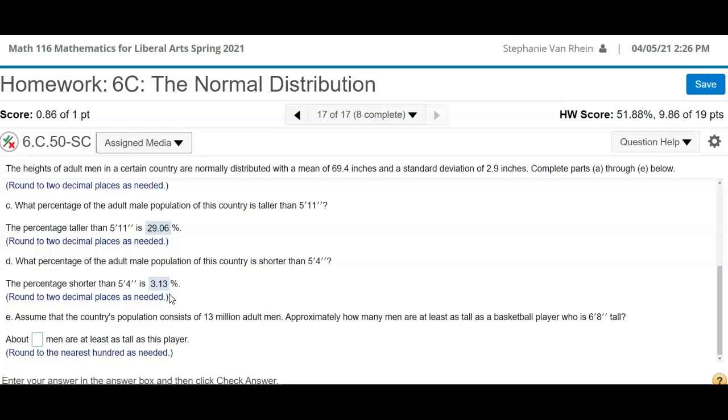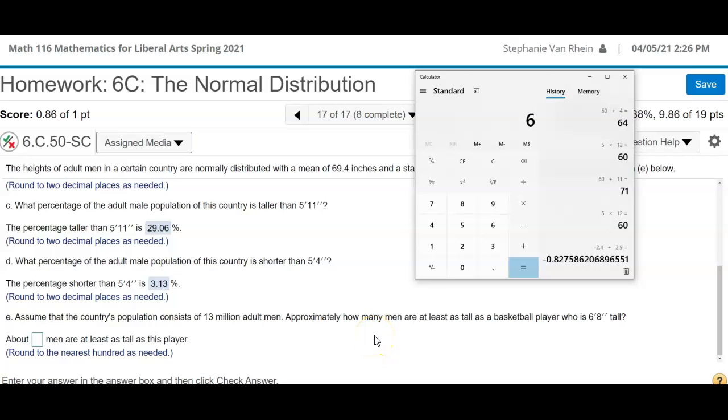Now the last part here is asking approximately how many men would this represent? And you got to be a little bit careful because when you're looking at a population of 13 million, rounding can play a huge role in this, especially when we're going to look at basketball players who are 6'8" or taller, or a player that is 6'8" or taller. So 6 times 12 plus 8.